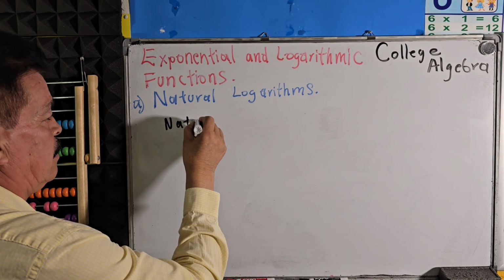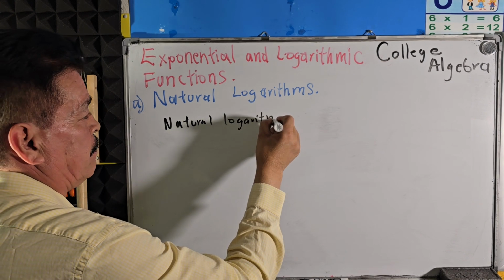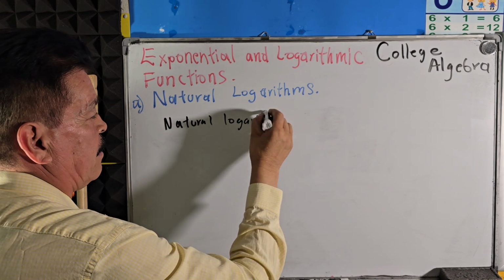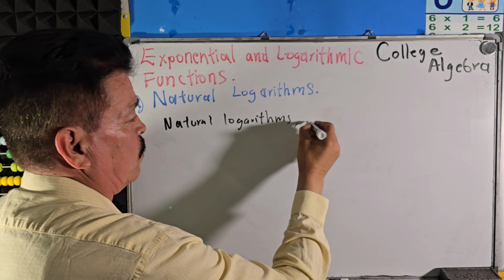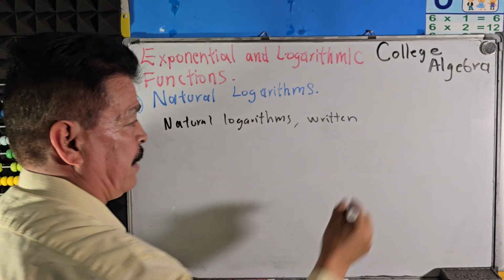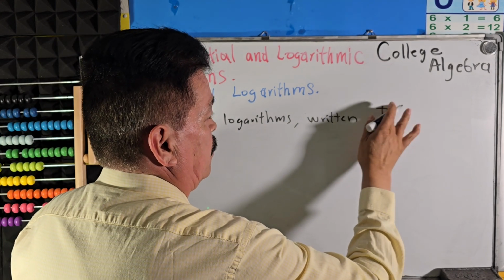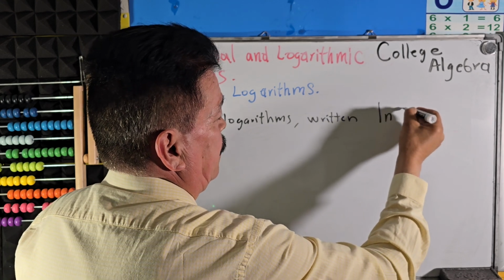Natural logarithm is written in this way. So this is the symbol, natural logarithm of x.